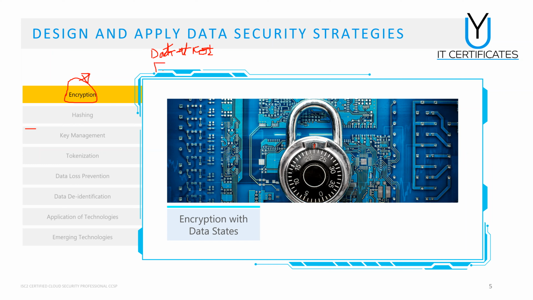The second state is data in transit. What is data in transit? Data in transit is data exchanged or moved between the host and the client, or maybe other users, and between different hosts.